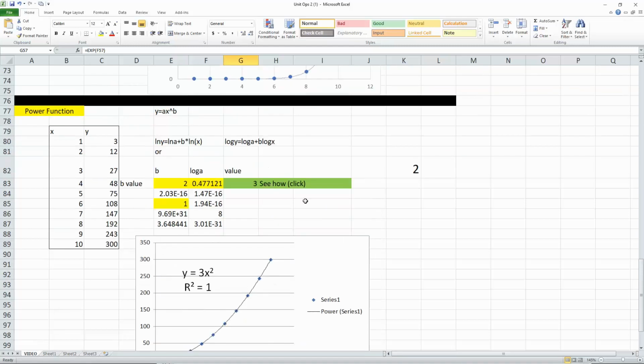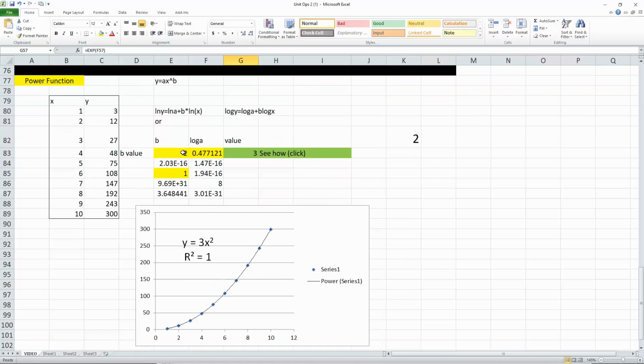And lastly, the power function. The standard power function would be y is equal to ax raised to b. You need to do a little bit of math in order to make it into a better form. You could say ln y is equal to ln a plus b times ln x, or you could do log y is equal to log a plus b log x.